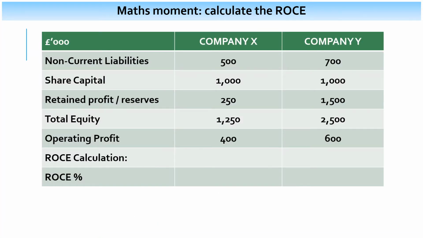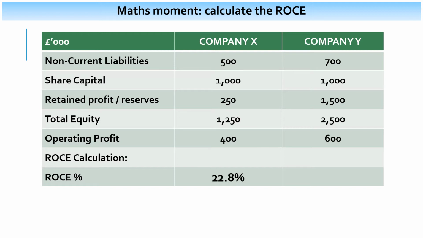So we can use this to compare how well money is being invested between two businesses. So you might want to pause the video here and have a go at calculating the return on capital for company X and company Y and making a comparison.